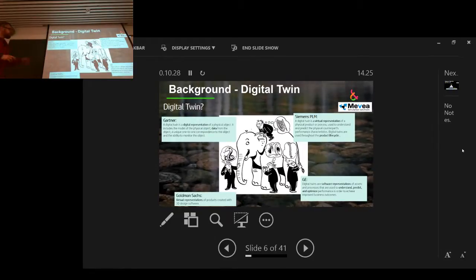All right, so we look at the definitions. The conclusion we can make from them is that they really vary. Sometimes there is a mention like digital representation of a physical object. Sometimes people are just saying 3D design software, which is not much, at least from a technical perspective. And then there are some keywords like understand and predict.